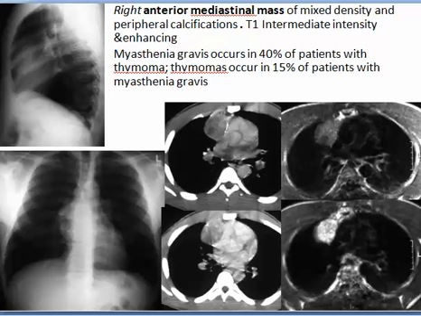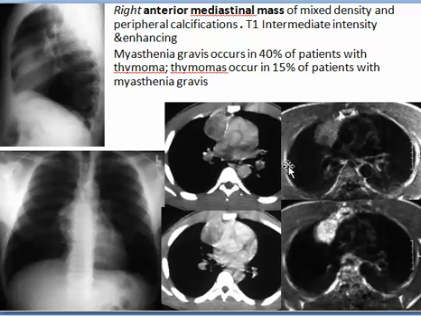In the plain film, it is evident that you have a right parahilar mass of continuous margin, excluding that it is a lymph node, and here it is rather well defined, partially obliterating the anterior retrosternal air.